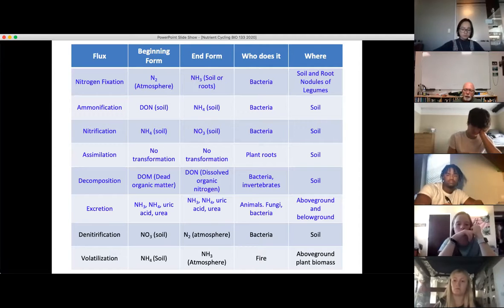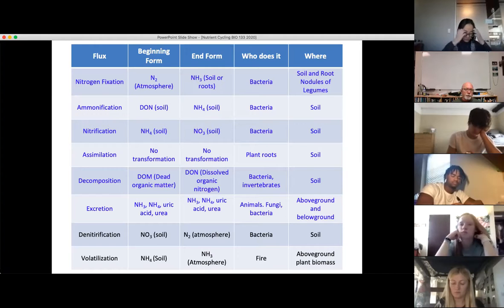And the two that are in black, denitrification and volatilization, those are the two fluxes that are involved in taking nitrogen out of the terrestrial ecosystem and putting it back into the atmosphere.